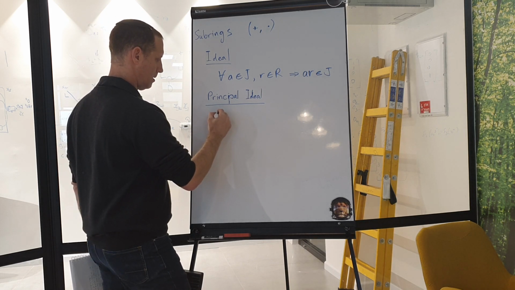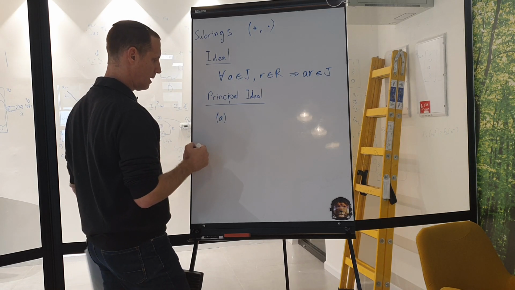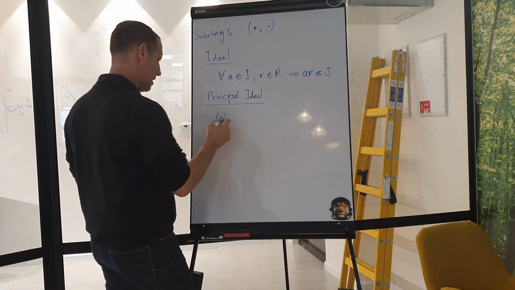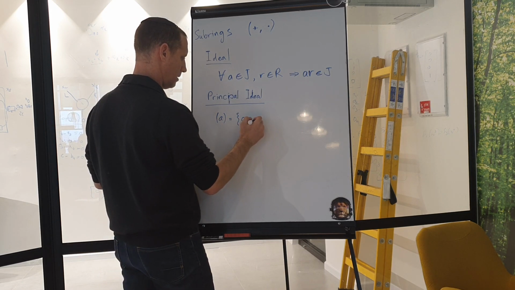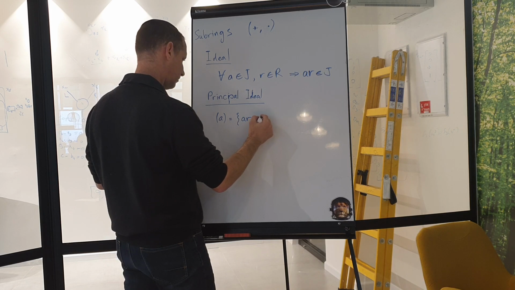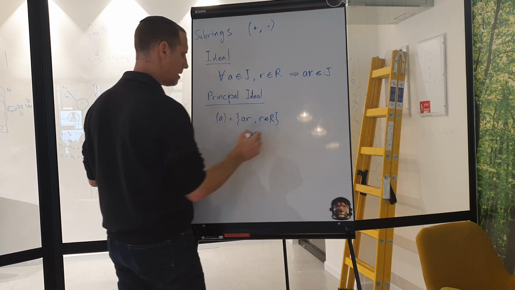And we actually usually mark it like that. And then we say that this is equal to AR such that R is in the ring.